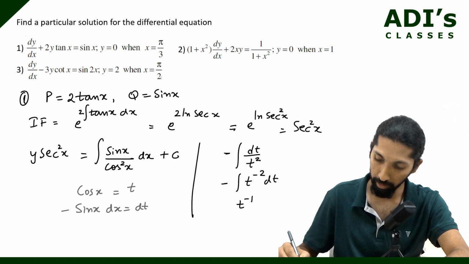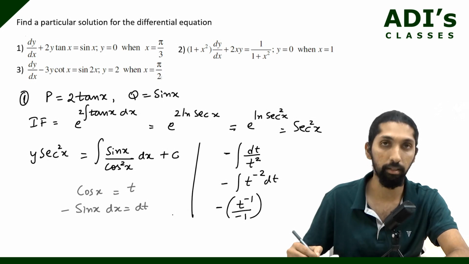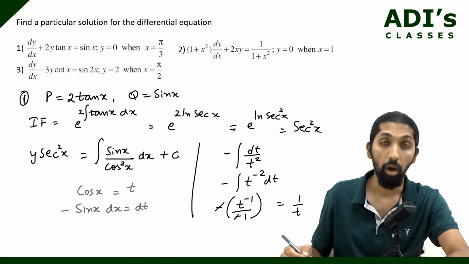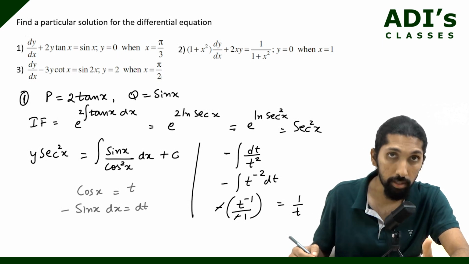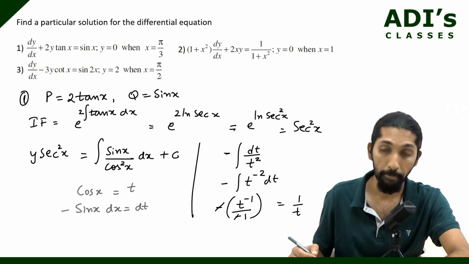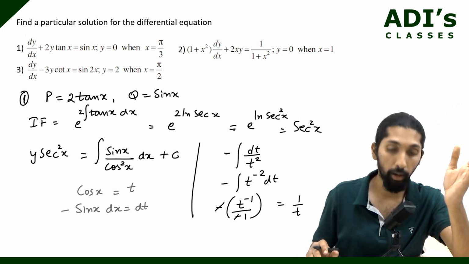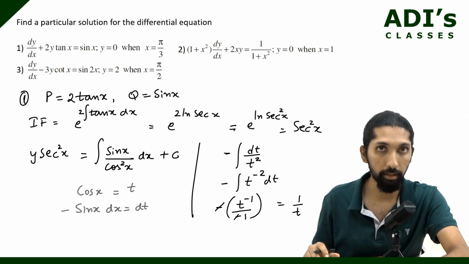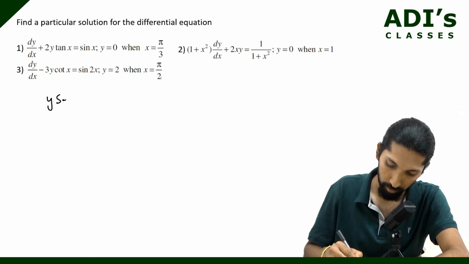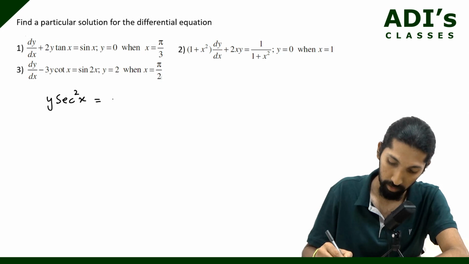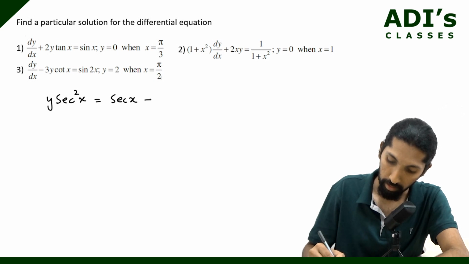So t power minus 1 by minus 1, and minus of the whole thing, correct? Which is nothing but 1 by t, or can we say it as 1 by cos x? But what is 1 by cos x? Secant x. So at the end, what are we going to get? y into secant square x is equal to the next part, 1 by cos x, that's nothing but secant x plus c.